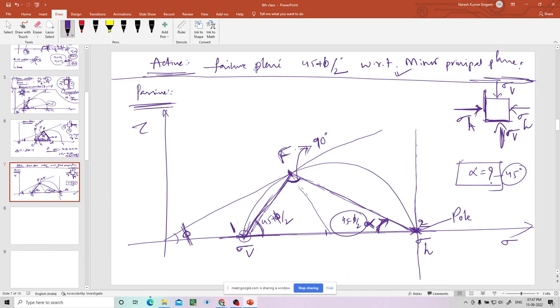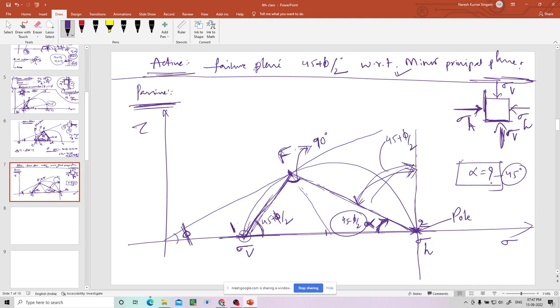Now in the passive condition, can you tell me what is this angle? Can someone tell me this angle? So finally what is this? Plus phi by 2.